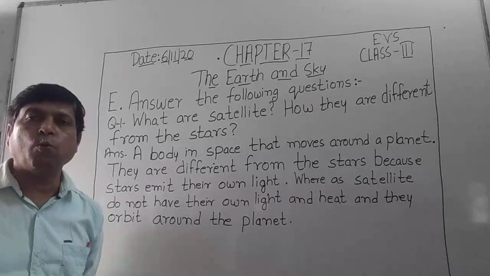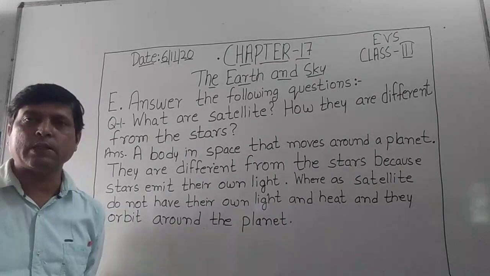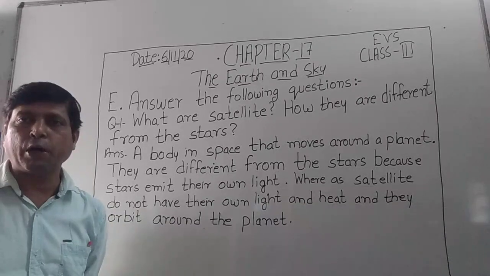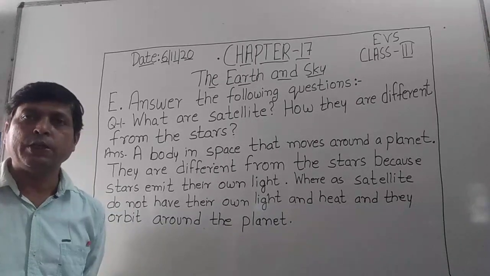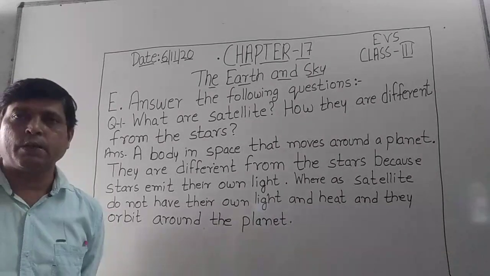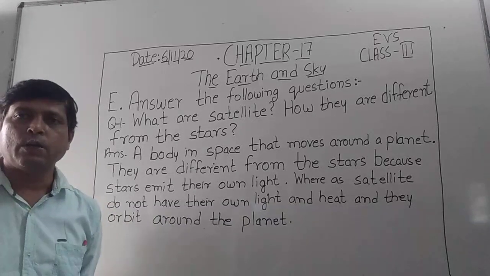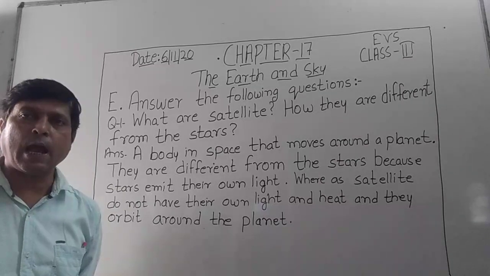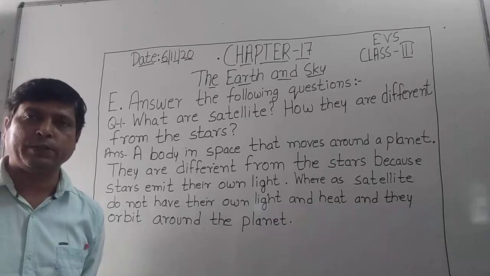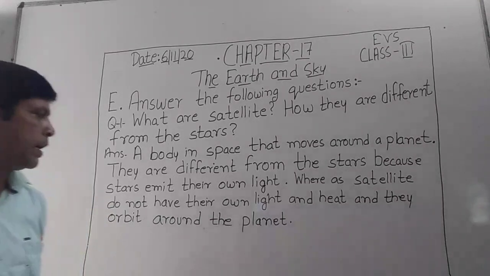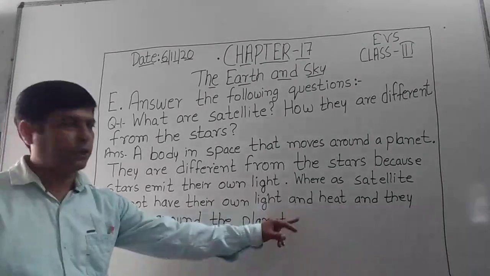Now, how are they different from the star? Stars have their own light because stars are made of burning gases which produce heat and light. So the difference is that stars have their own light and heat.